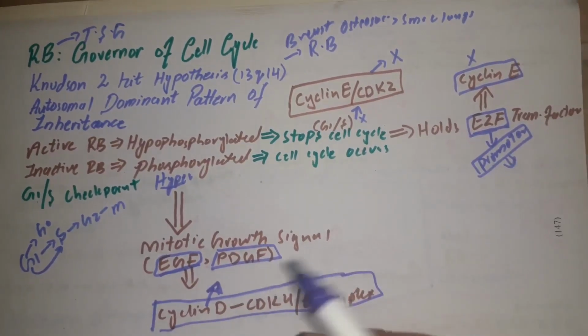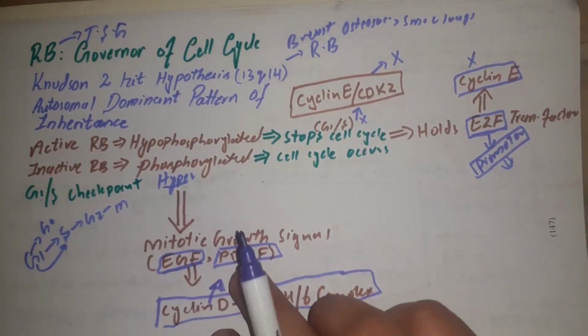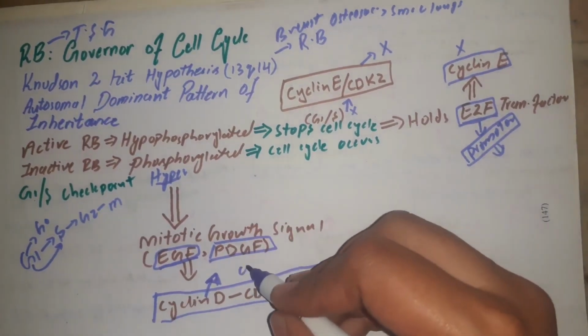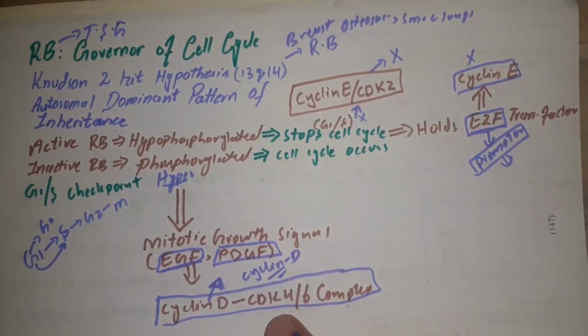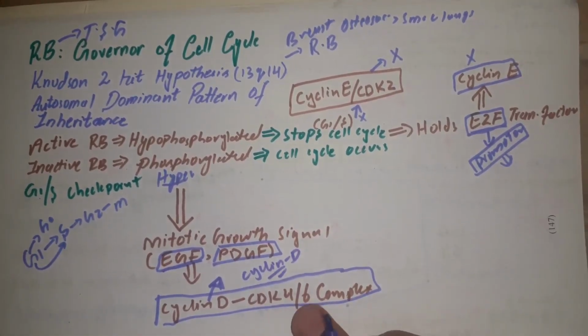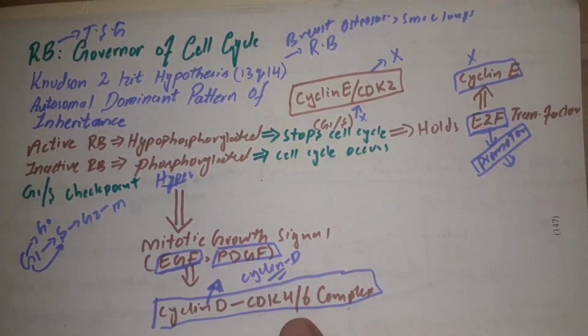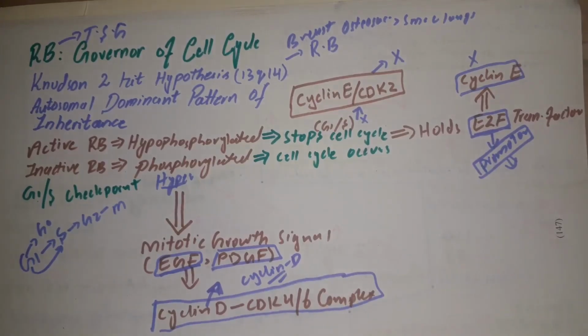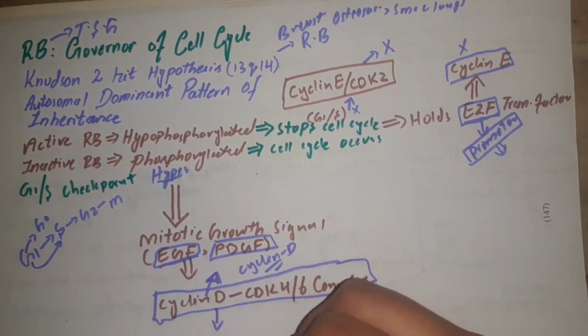Okay, so when a cell receives growth signals in the form of epidermal growth factor or platelet-derived growth factor, cyclin D is produced, and this cyclin D combines with cyclin dependent kinase 4 and 6, and a complex is formed which is the cyclin D CDK4-6 complex. What does this complex do? This complex hyperphosphorylates.